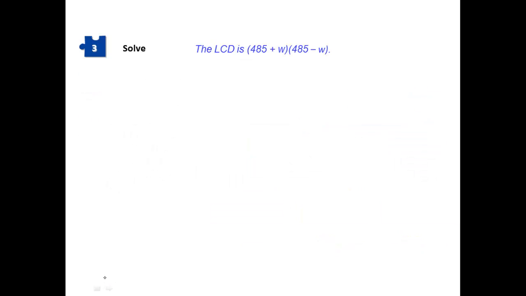Okay, so in order to solve, we need to find the LCD, which is this. Okay, so we're going to have 6.5 times 485 plus W, 485 minus W equals, right?